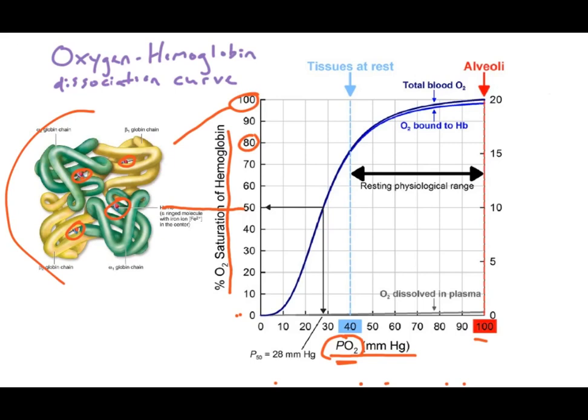So if you think about it, up here at the alveoli, if you imagine your alveoli like this, and you have your bloodstream coming by, right? And if you think about all of those little blood cells, and all of the little hemoglobin jam-packed into those red blood cells swimming past.